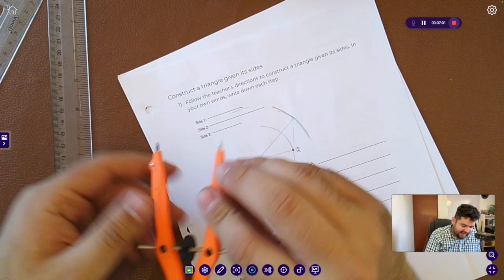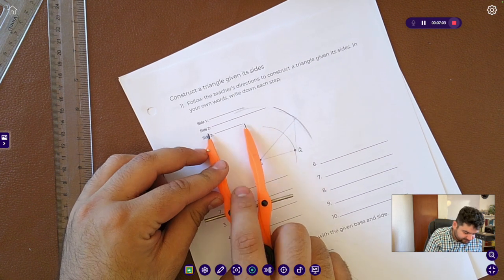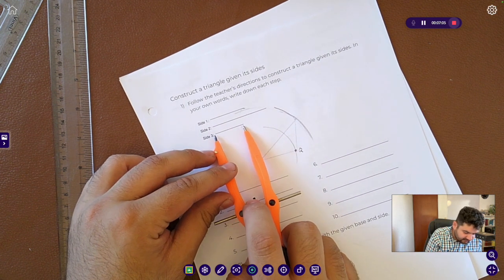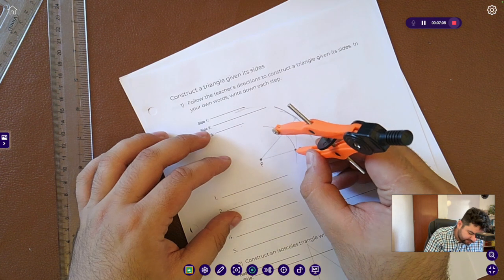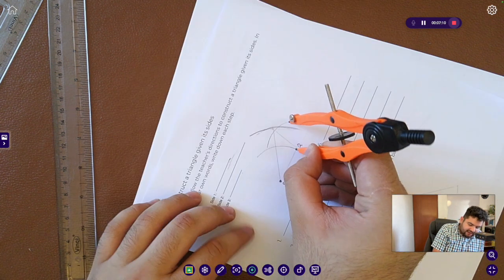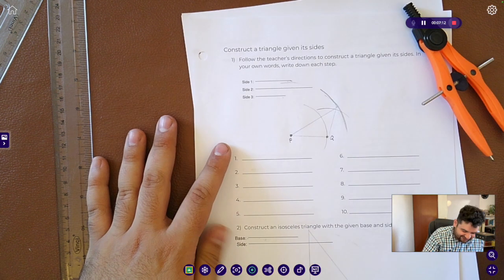Then I measure side 3, and standing in Q, I draw the other arc.